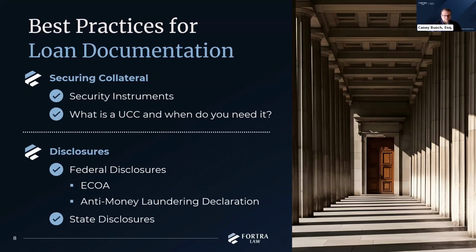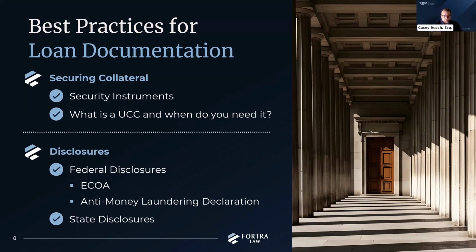And that's a form that's created under the Uniform Commercial Code, thus UCC. And that form allows you to perfect interests in personal property. So not necessarily real property, which is the real estate that you want to record that mortgage or deed of trust on. You're not always going to need a UCC.